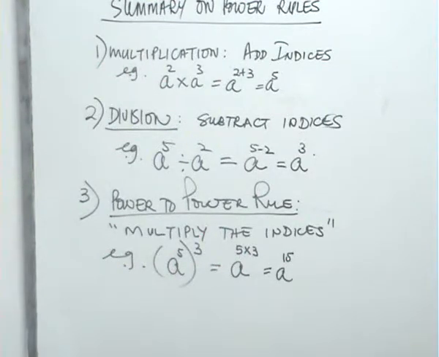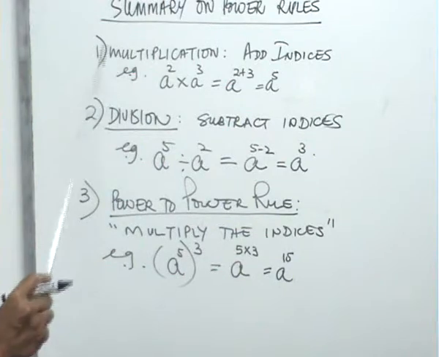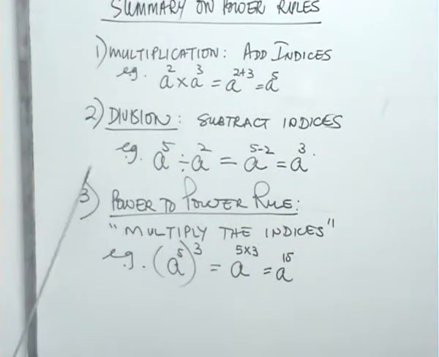So before you do exercise 9, you've got to have this clear in your mind. And when you're doing exercise 9, ask yourself, am I multiplying? Am I dividing? Or am I going to use power to power? So these 3 rules are now going to be applied in exercise 9. Alright, let's move over to exercise 9.